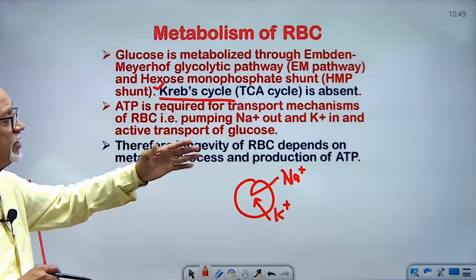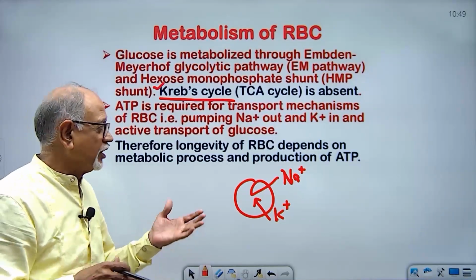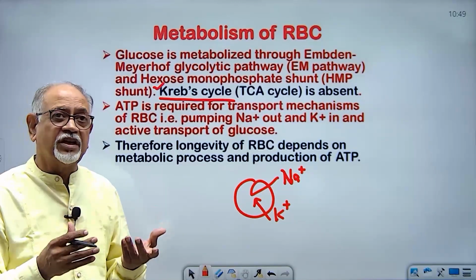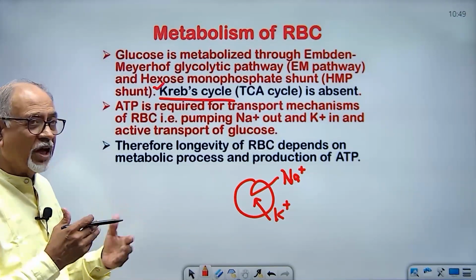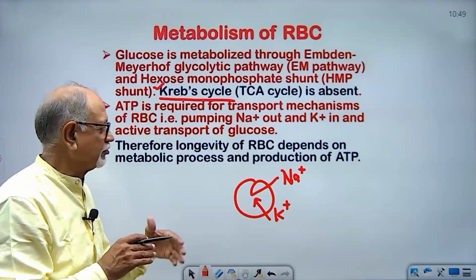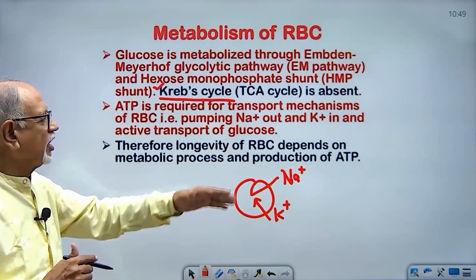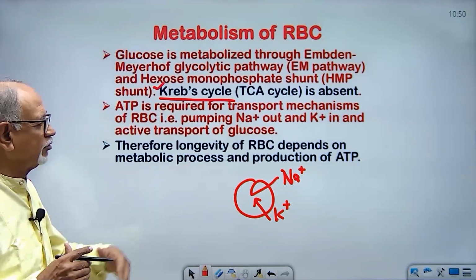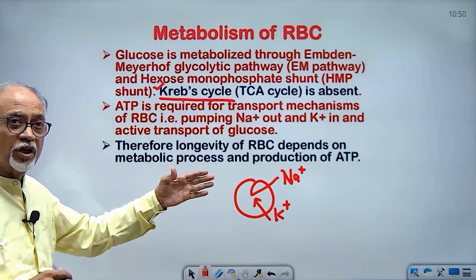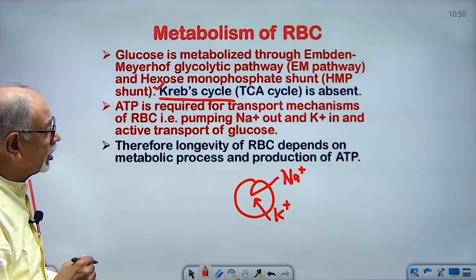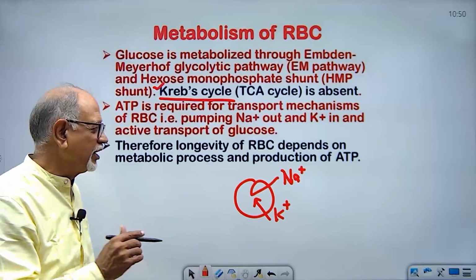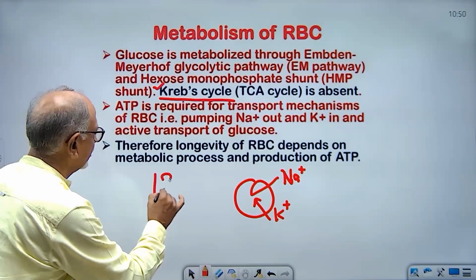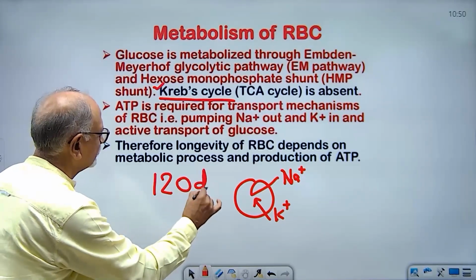Therefore, longevity of RBC: because it does not have any synthetic activity, it totally depends upon whatever enzymes it has already got. So, the longevity of RBC depends upon the metabolic process and production of RBC. That is why we see that the lifespan of RBC is limited, that is 120 days.